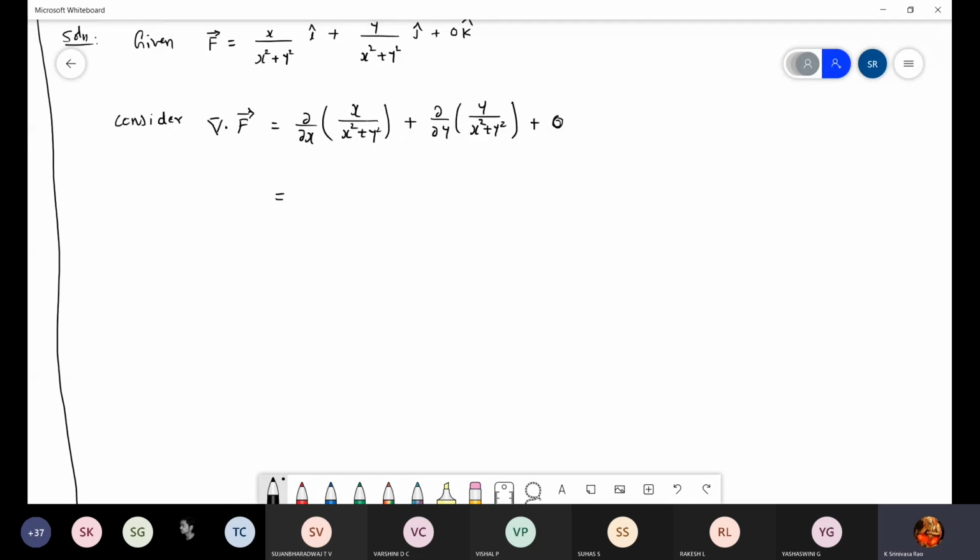Quotient rule, u by v. Partially differentiating numerator and denominator. Now, which rule are you using? Quotient rule, sir. Very good, very good. It is the quotient rule.